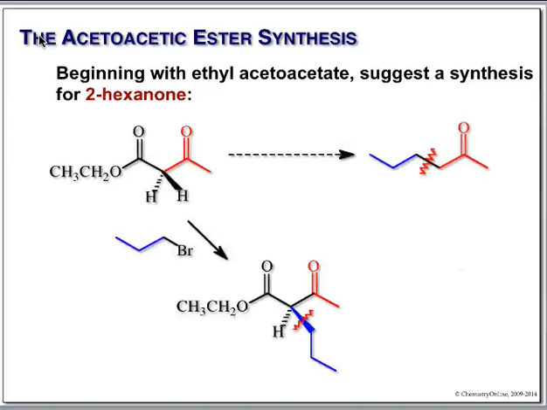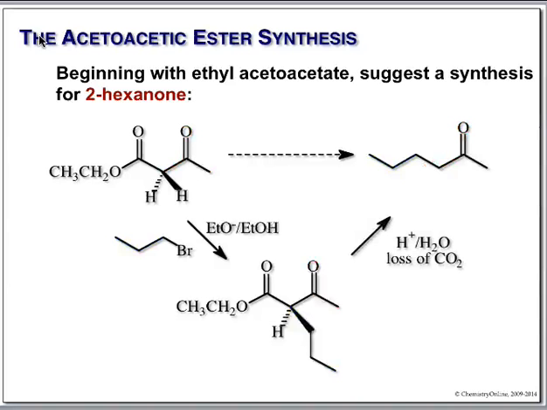When we dump this into acid, going to lose this as CO2, and we're left with 1, 2, 3, 4, 5, 6 carbons and a carbonyl. So this is just like the malonic ester synthesis, except different.